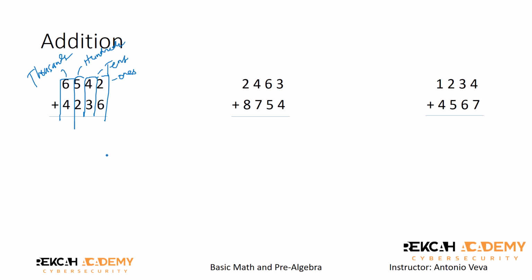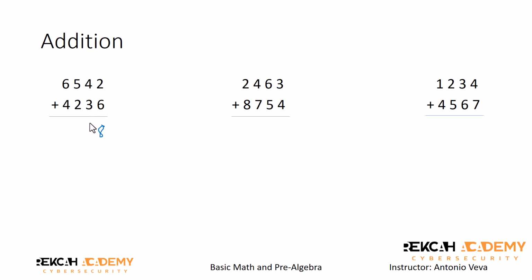And we're going to solve this from right to left. Let's begin with the ones place: 2 plus 6 equals 8.